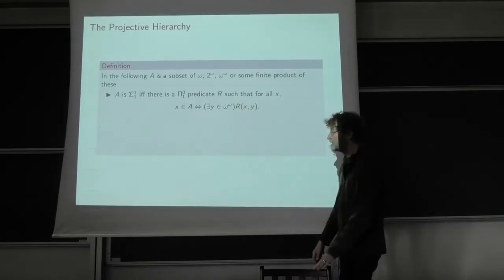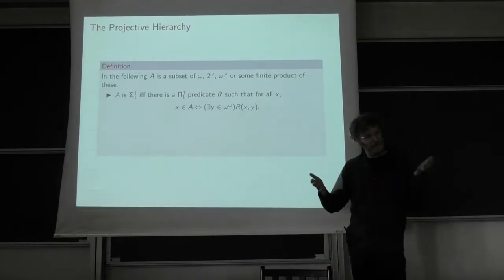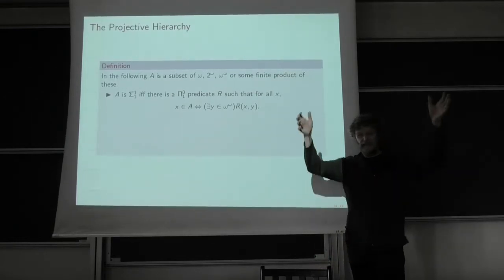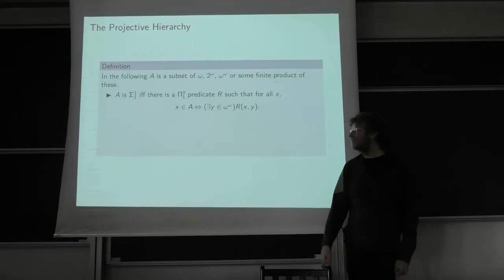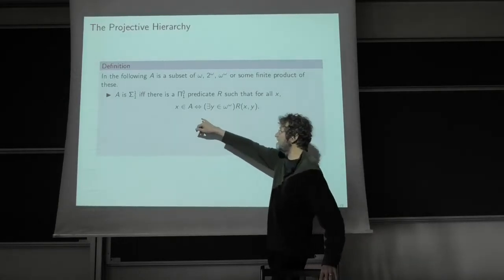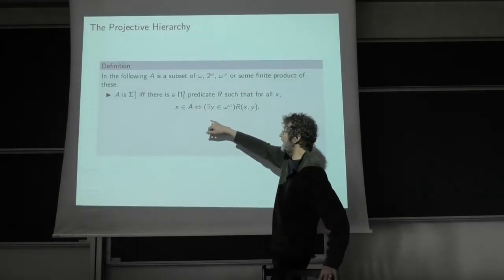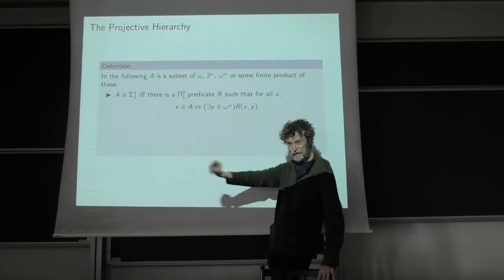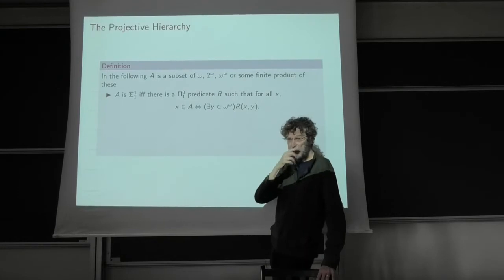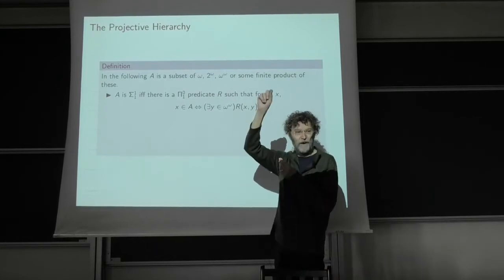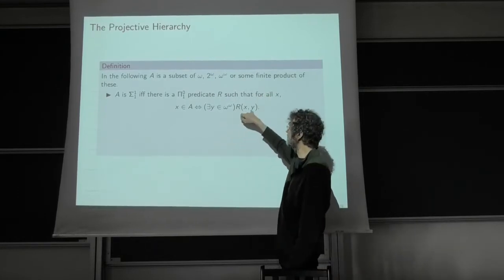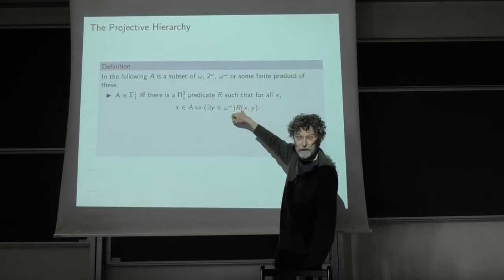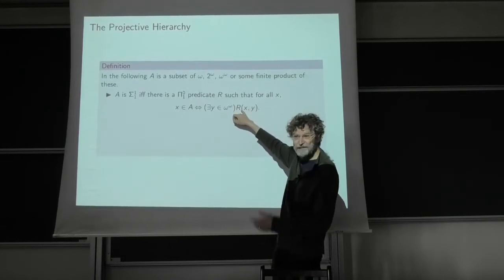So a typical sigma 1, 1 set is a projection. Something is in this set if and only if, think of x and y in the plane, x along the horizontal axis is in if and only if there exists some y such that (x, y) is in the pi 0, 1 set, which is a closed set.